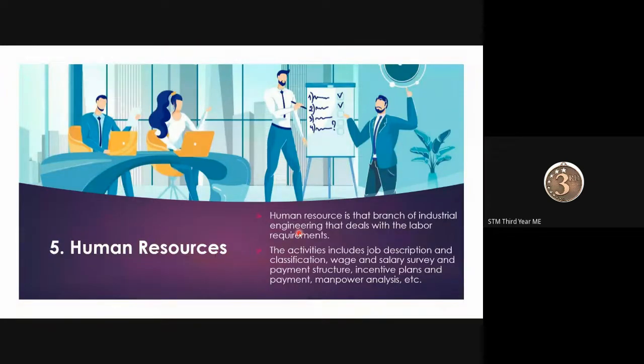Then comes the human resources. I have already told you about the manpower that is required to run the industry. Laborers are there and they are responsible for the production cycle.